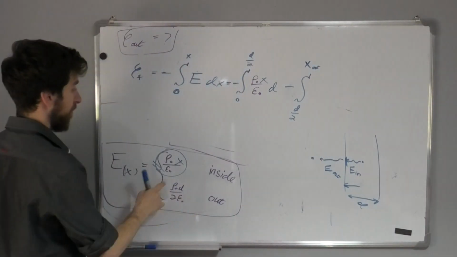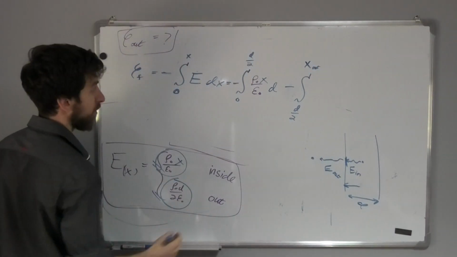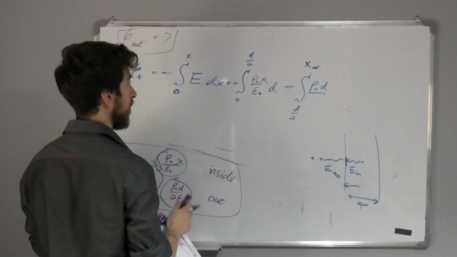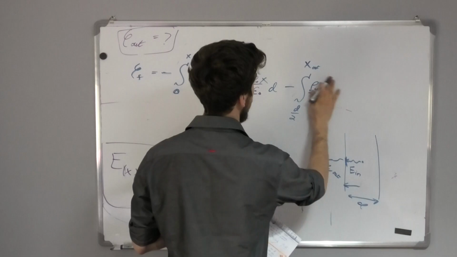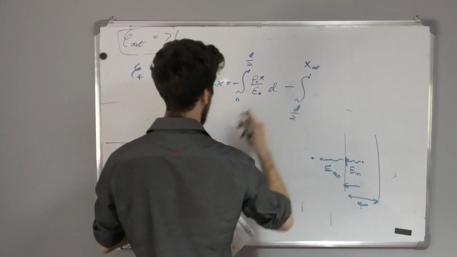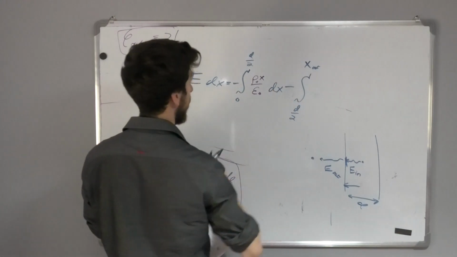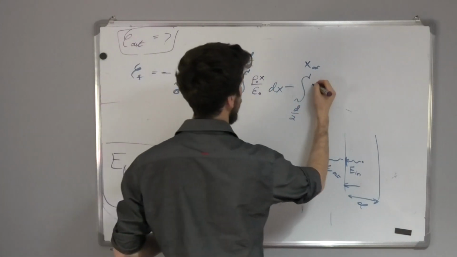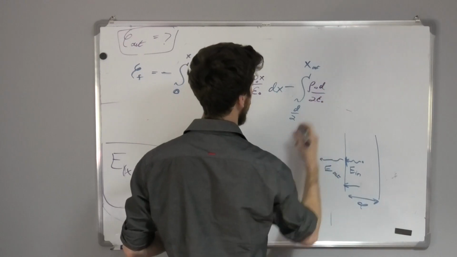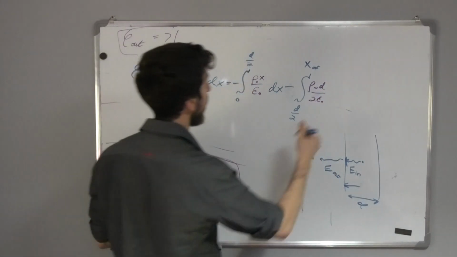And from here outside I have a constant value, which is rho 0 d over 2 epsilon 0, dx.